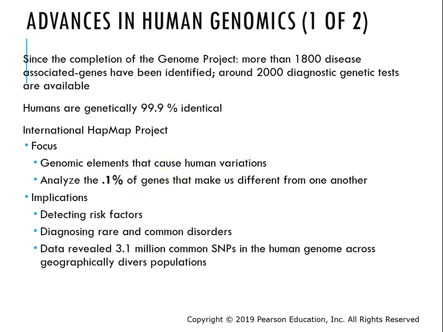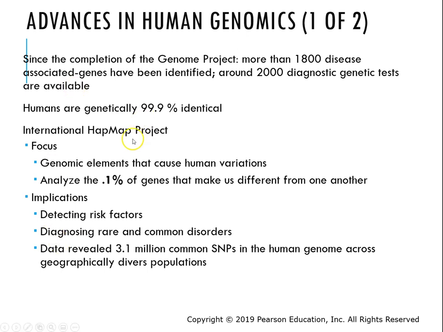So why would we want to study genome level changes? Because we can detect general risk factors. You might be able to diagnose rare and common disorders by understanding the larger scale of disease and genetic factors.